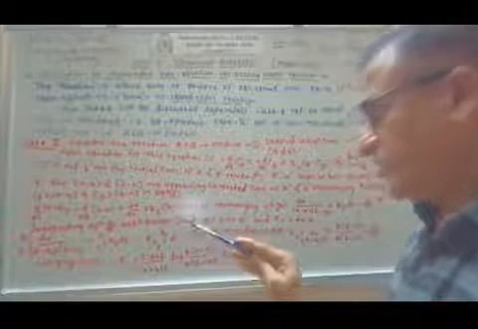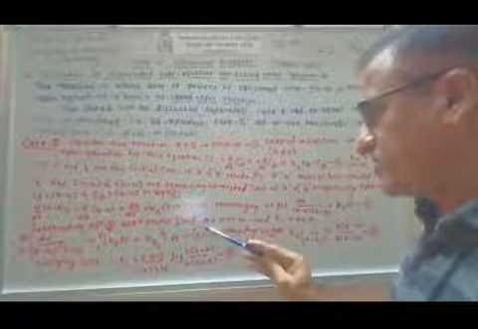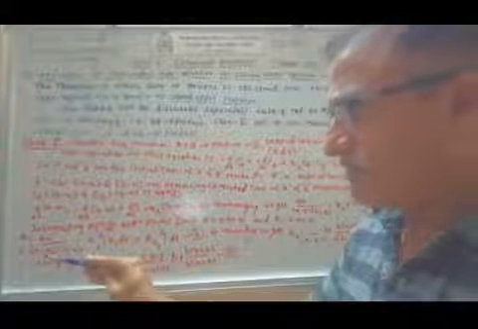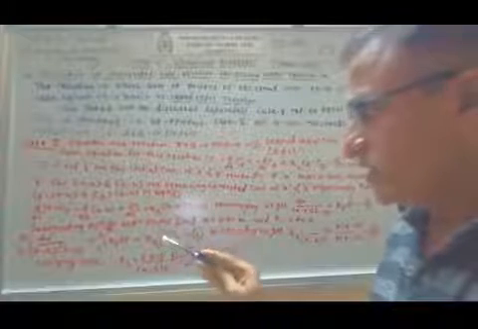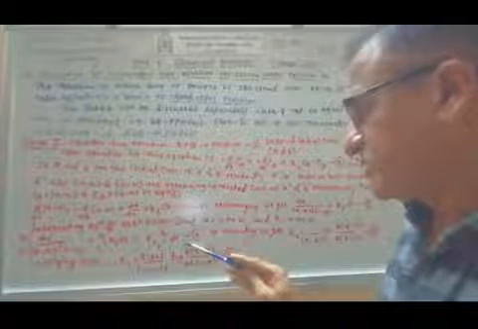Now integrating equation number 3 between proper limits, and for limits we have x is equal to 0 to x and t is equal to 0 to t. So now integrating this equation, we have integral 0 to x dx upon a minus x into b minus x, that is equal to integral 0 to t k2 dt. k2 is a constant, so taking it outside of the integral we have k2 integral 0 to t dt, call it equation number 4.